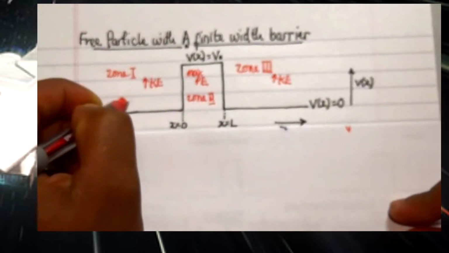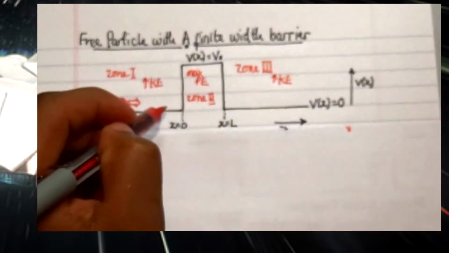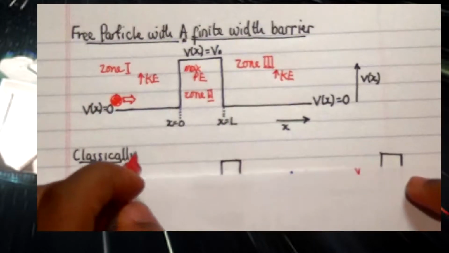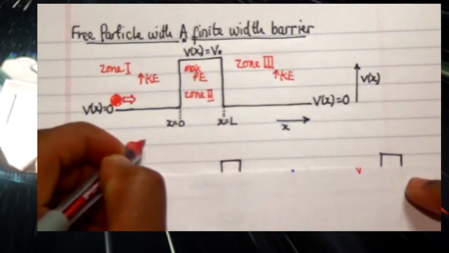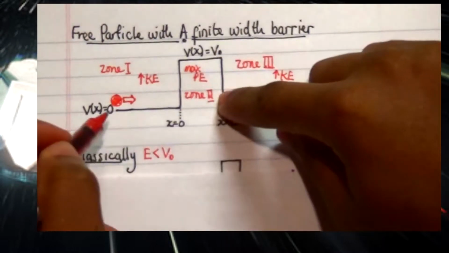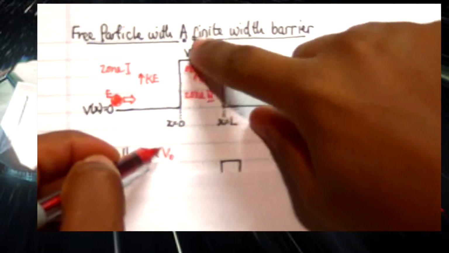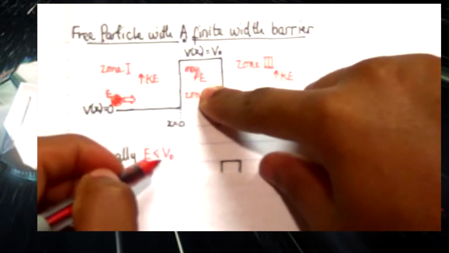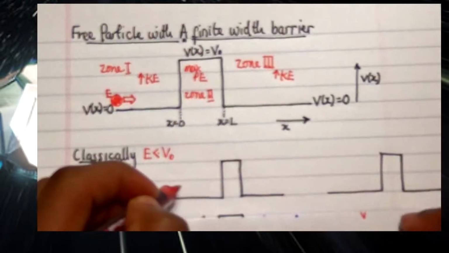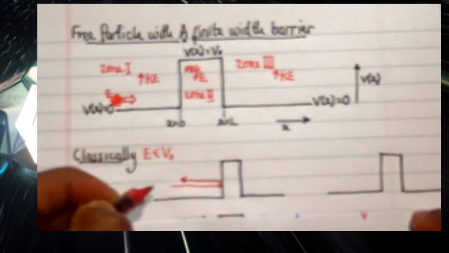So our particle is shot into this particular system from zone 1 to zone 2, and looking at it first classically, we recognize that if our energy is less than the potential energy, which is this maximum, so if the energy of this particular ball is less than the potential energy of this barrier here, there is a reflection where all, take note, of our particles will deflect backwards.